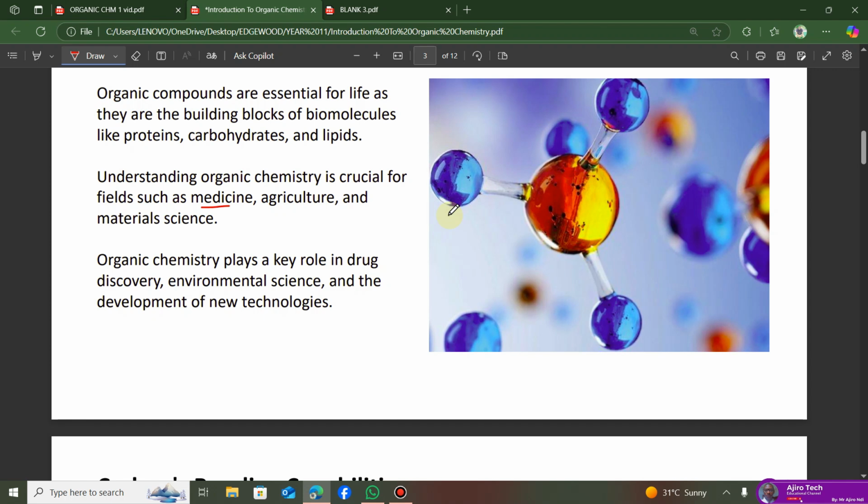All of these are organic compounds, and there's a need to understand their behaviors and their structures. The only way we could understand all of these things is through the knowledge of organic chemistry. It is equally important because it helps us understand the way drugs interact with the body. It helps us understand some areas in agriculture and also material science.